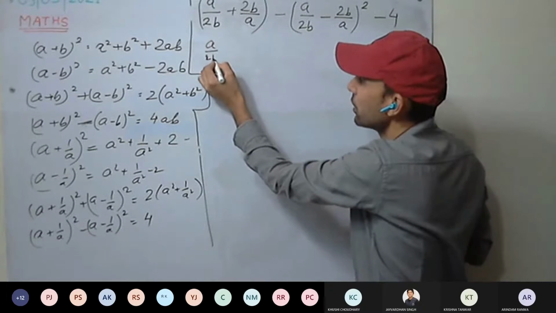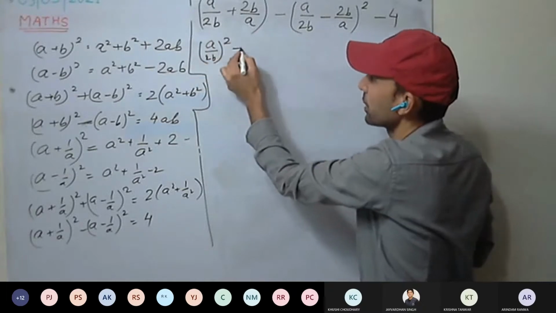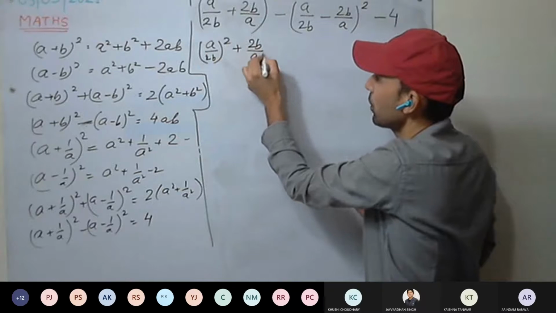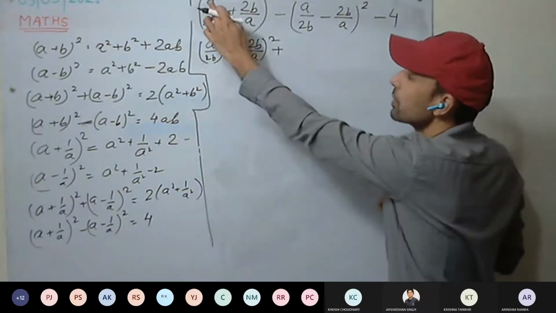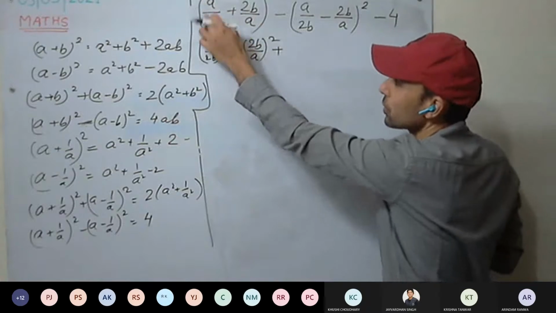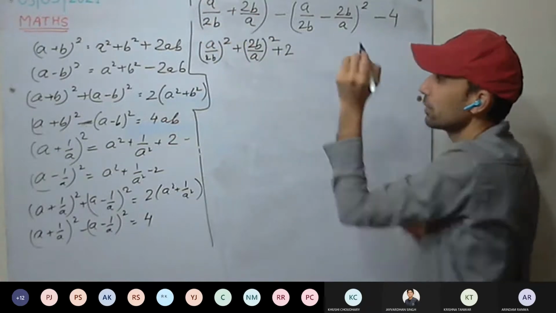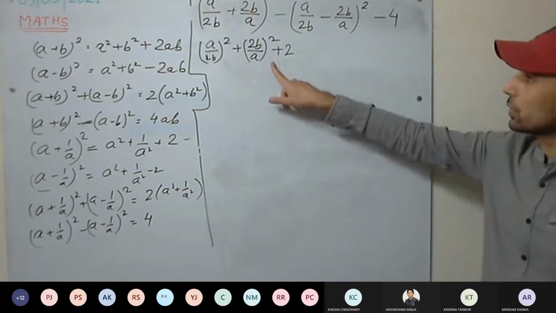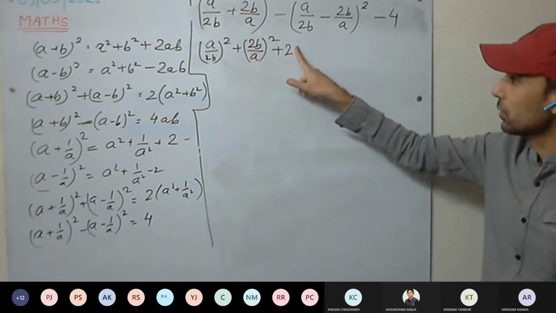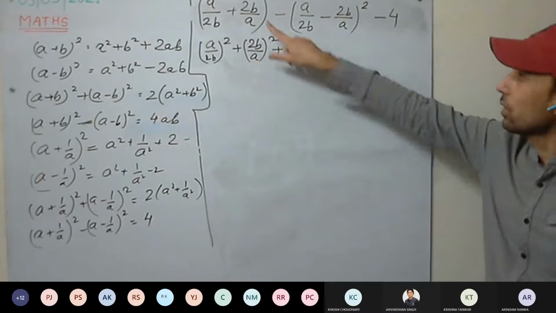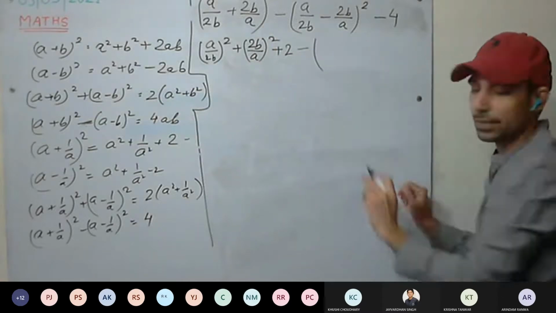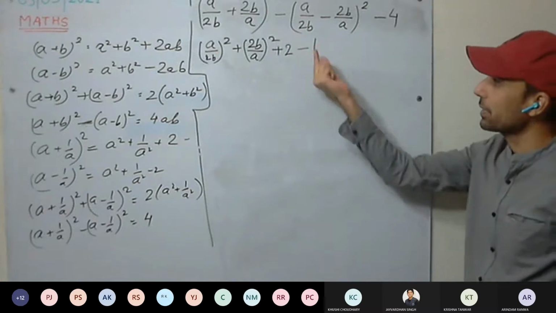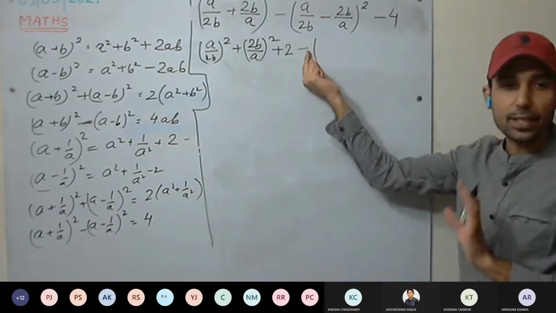A upon 2b the whole square plus 2b upon a the whole square plus 2ab. So they get cancelled, we are getting plus 2. Understood this one? This is the expansion for first one. Now minus is there, so we'll put the bracket, because minus sign is there, we will take care of this minus sign afterwards.